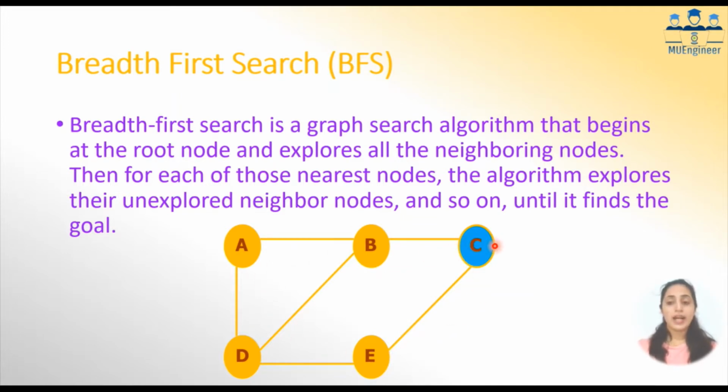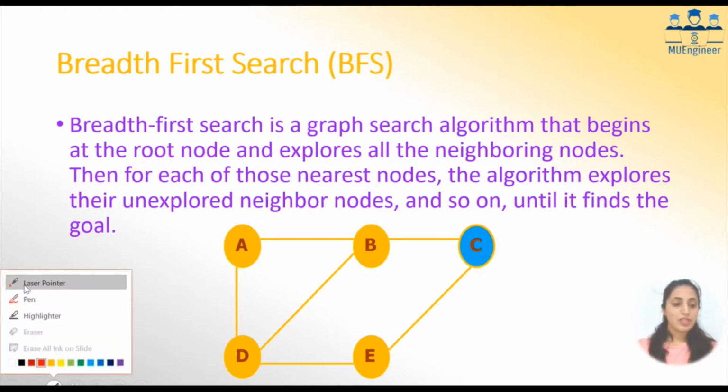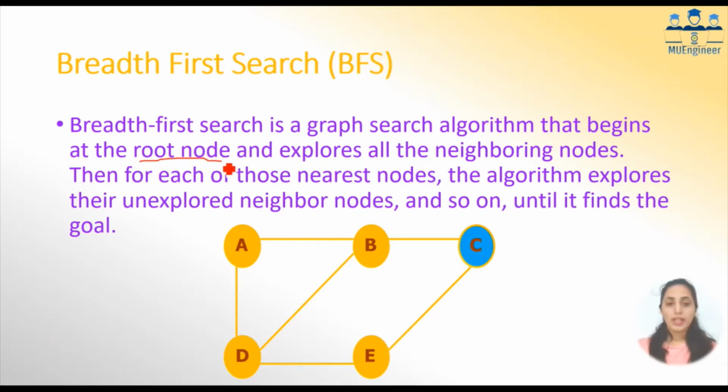I will start with any particular node as a root node. Suppose I am considering C as my root node and I start from this node. I should explore all the nodes in the neighborhood. So who are the neighbors of C?